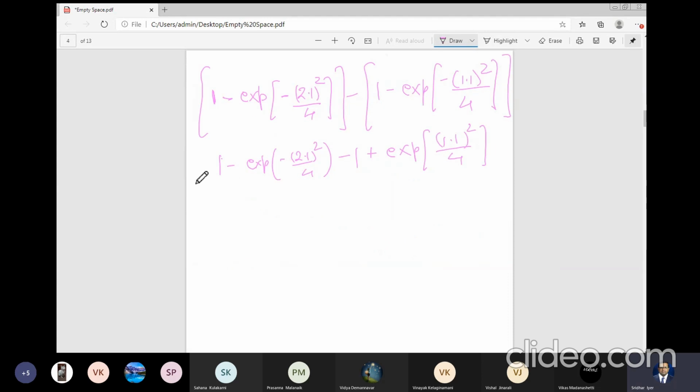The 1 there will cancel each other. So you'll be left with exponent minus 1.1 the whole square by 4, minus exponent of minus 2.1 the whole square divided by 4.